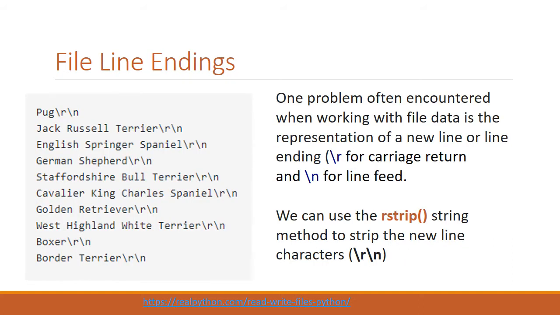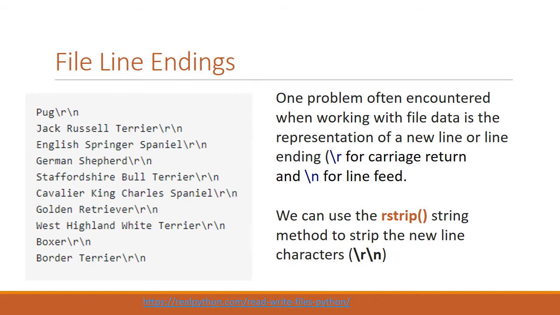One problem often encountered when working with text files is the representation of new lines. A \r represents a carriage return, a \n a line feed. These are non-printable characters. They're characters that you don't see when you examine the text file in an editor, but often cause problems when you're processing these text files.